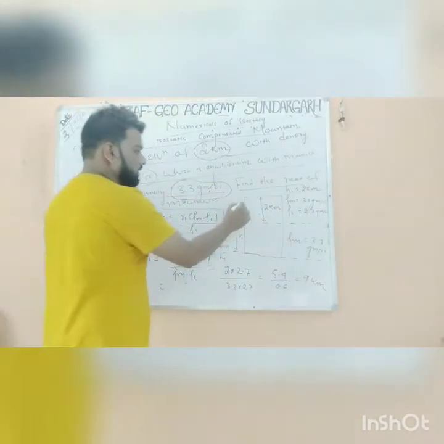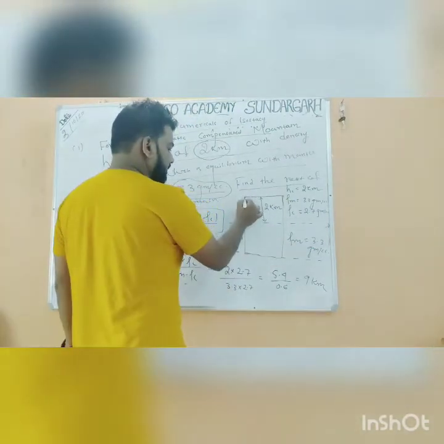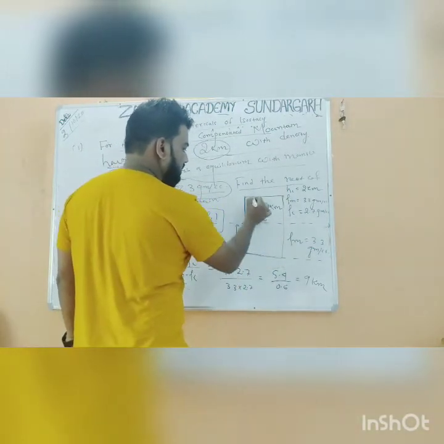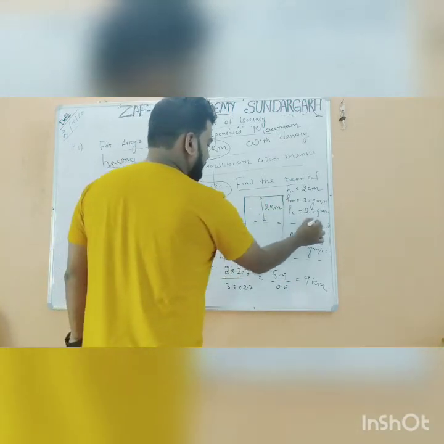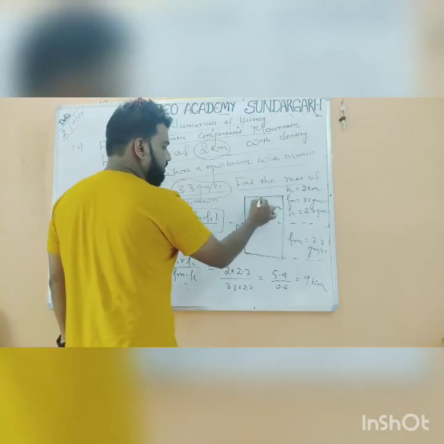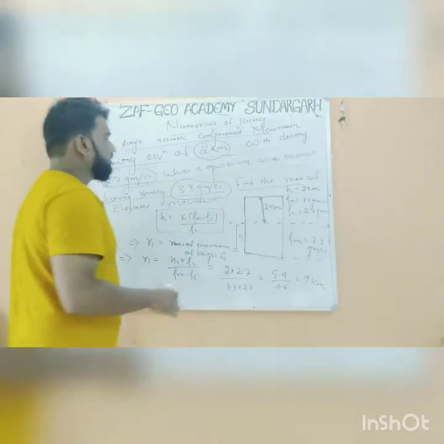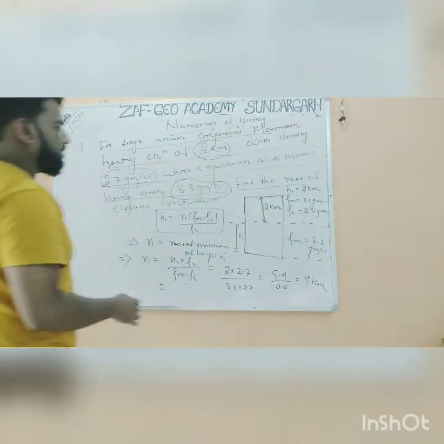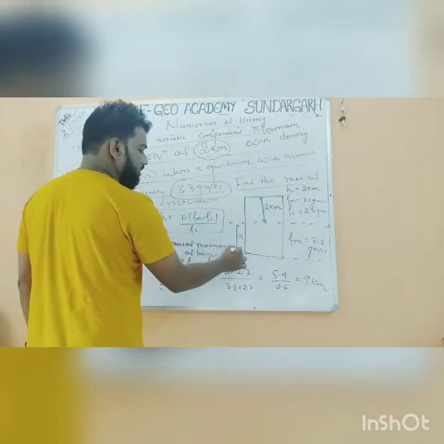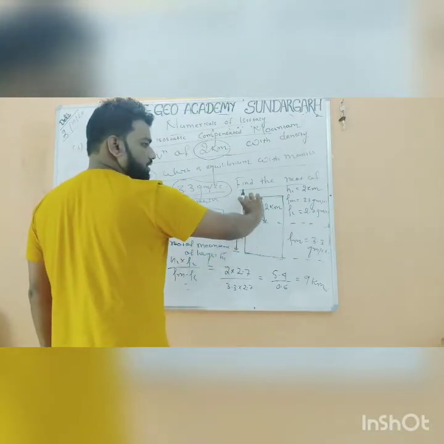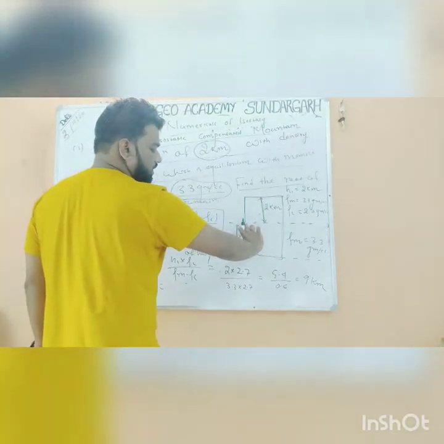So look, here I have drawn a diagram for this numerical. If this is our mountain, and this is the depth of compensation, and the elevation is 2 km, now he is asking what will be the height of the root of this mountain.